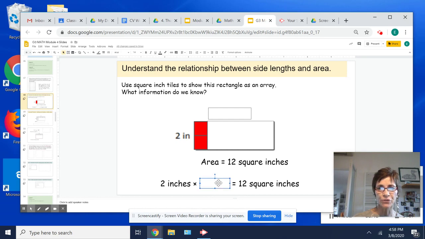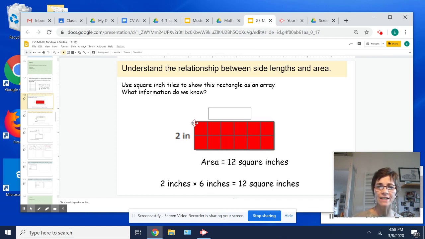If you figured that this number is 6, you're correct. 2 times 6 is 12, so 2 inches times 6 inches equals 12 square inches. That's our rectangle: 2 on one side, 6 on the other, so this side is 6 inches, and the total area is 12 square inches.